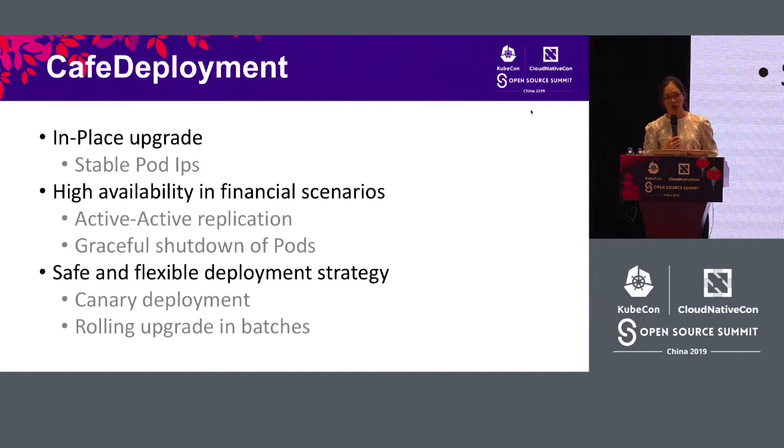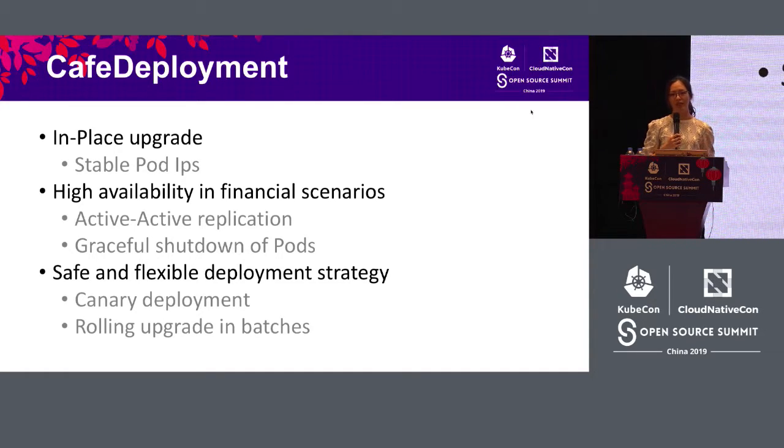In most of the release scenarios, we can make sure the pod is stable and the IP is the same, and we have considered the high availability in the financial scenarios, and supports active replication or multi-active replication. And our pod has the graceful shutdown feature.